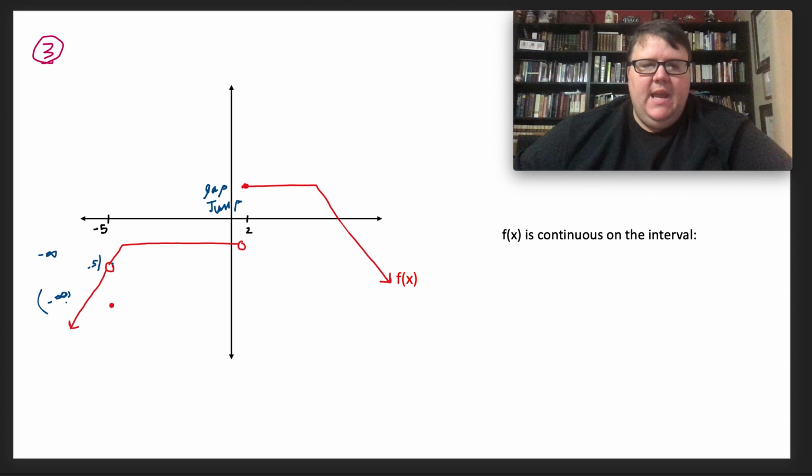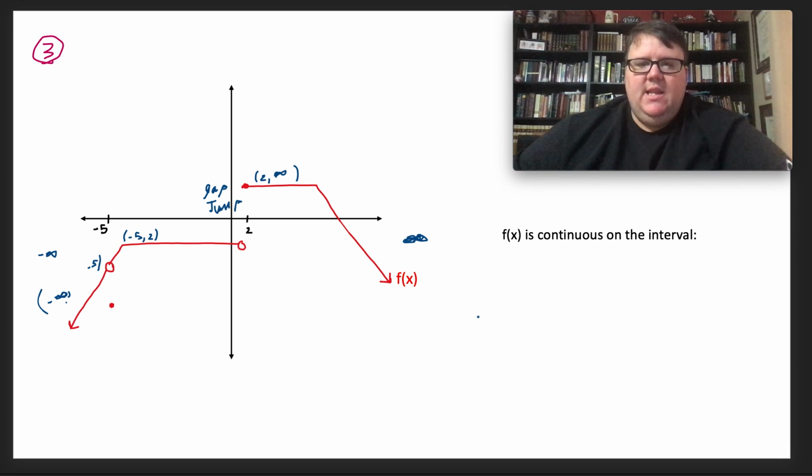But then we go from -5 all the way to 2 before I hit another hole. So it is continuous from -5 all the way to +2. And then again, I have a jump. So I jump up, and then I start at 2 and go all the way to +infinity, so it's continuous from 2 to +infinity.